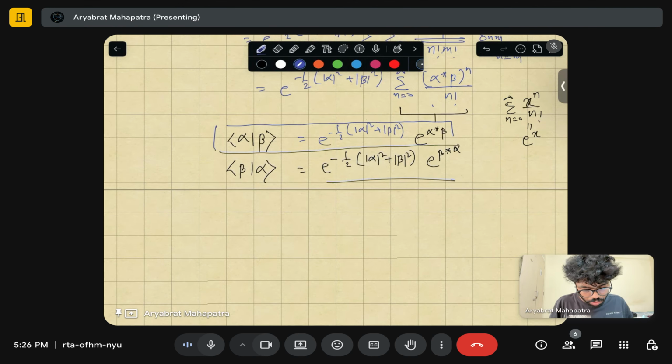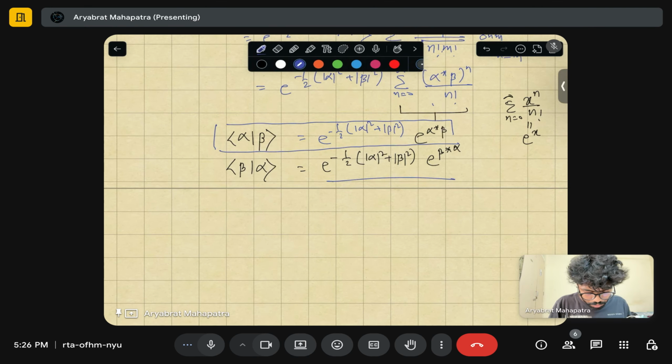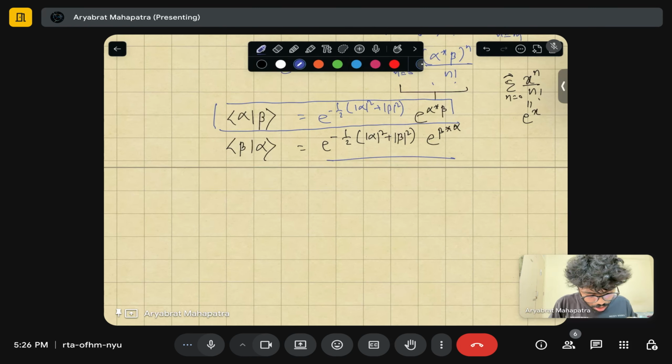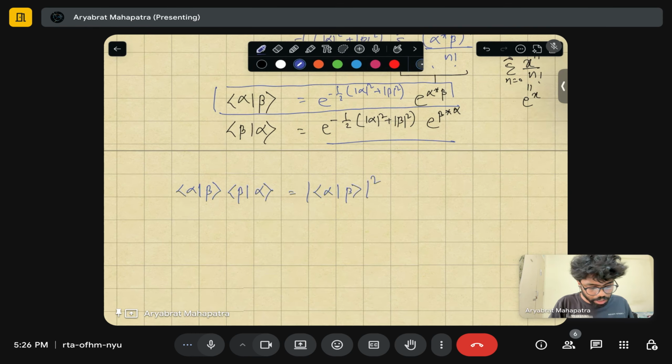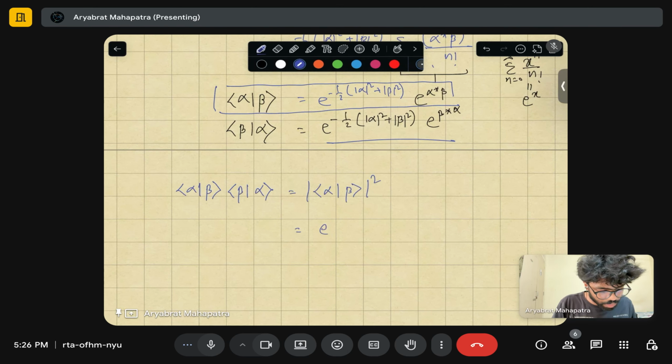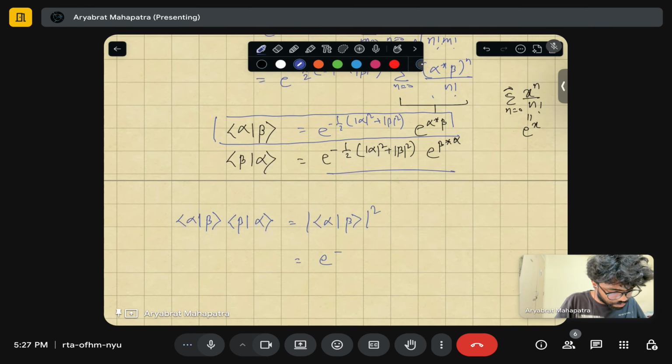But using this, what you can show is the alpha beta inner product, if you multiply with the inner product of beta alpha, so that is like taking the magnitude square of this inner product, will give you exponential of minus... You just have to multiply these two things.